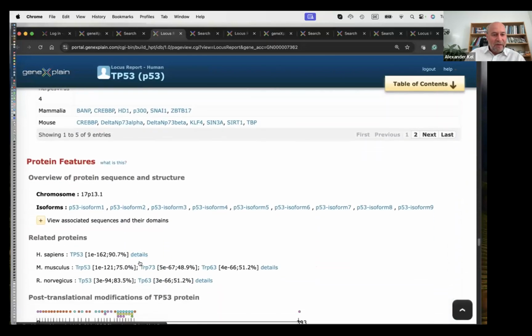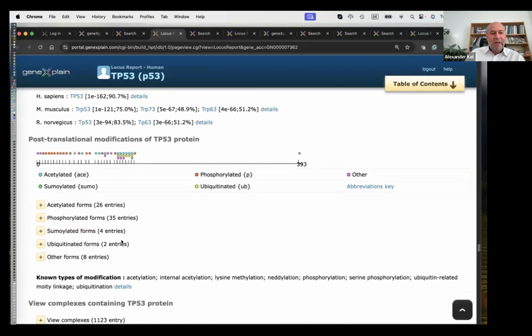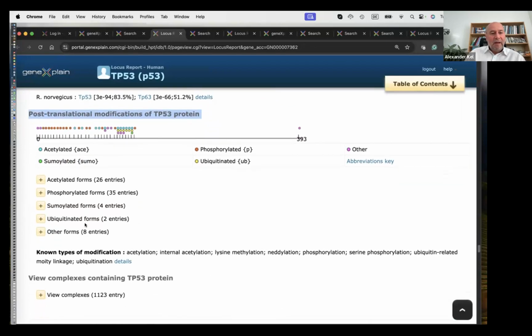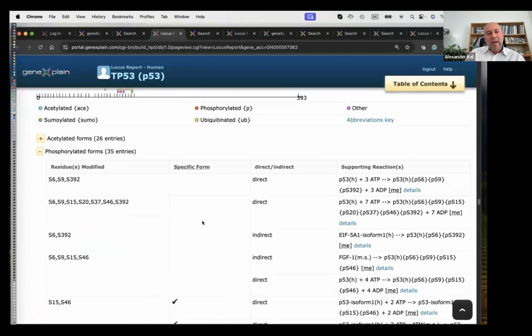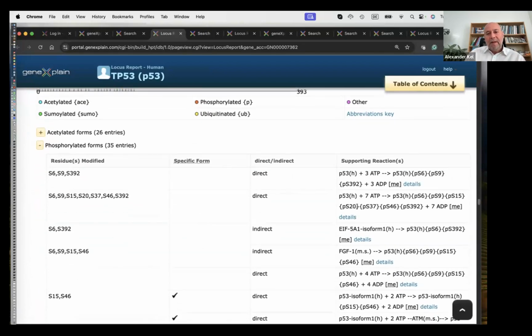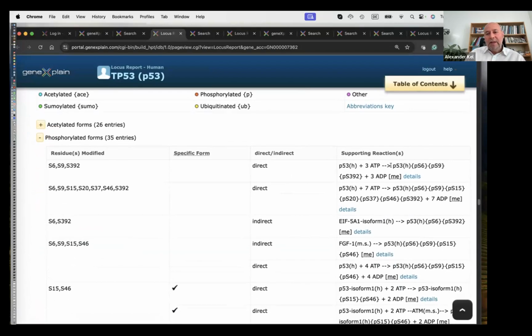Here you see the post-translational modifications of a transcription factor, and we have this map and all the kinds of phosphorylated forms of a transcription factor. And they are not simply listed, they are in fact provided as an entry in the TransPath database.